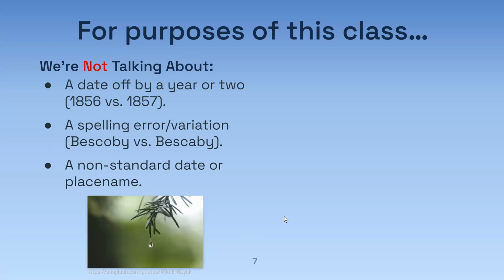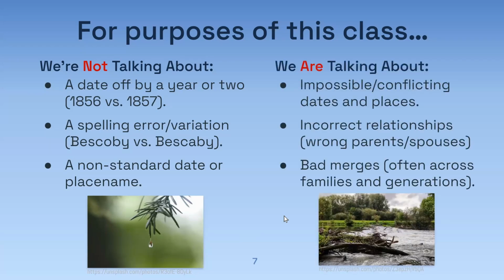The kinds of problems that we're talking about tackling in our class today are impossible or conflicting dates and places, such as a child being born before her parents, incorrect relationships, such as somebody being connected to the wrong parent or the wrong spouse, and especially bad merges, because once a bad merge is done, it very often spreads across families and generations, and bad merges are the cause of most problems in Family Tree.